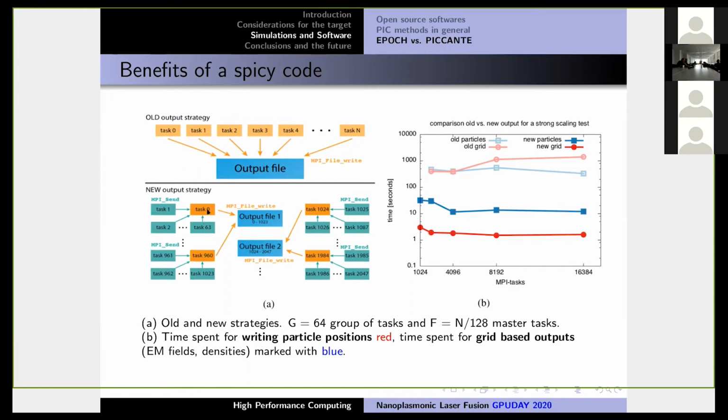However, the Picante has an advanced feature that there are a group of tasks who respond to a master task, and multiple master tasks write into a file, which scales very well as the MPI tasks increase.